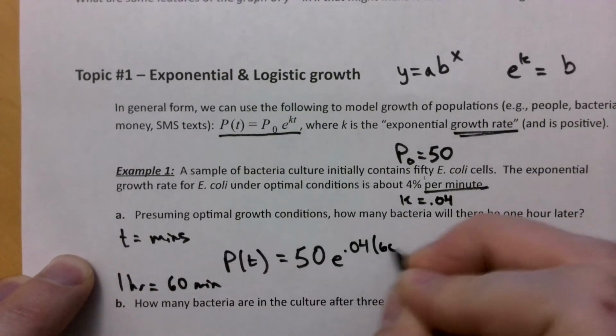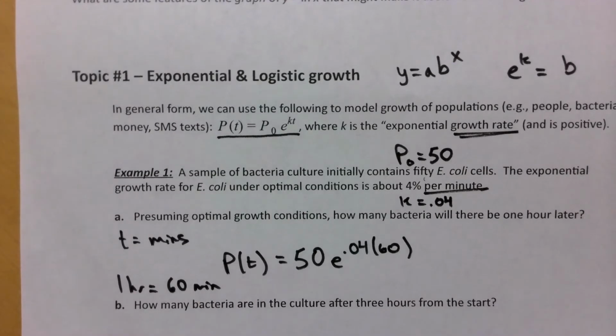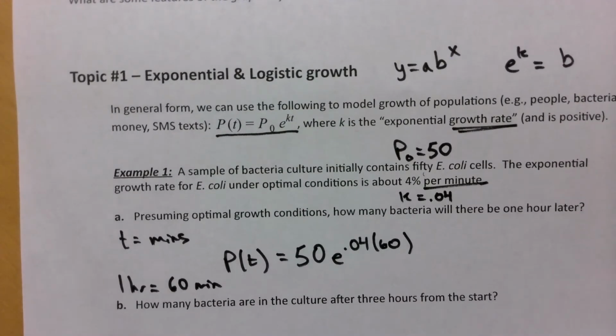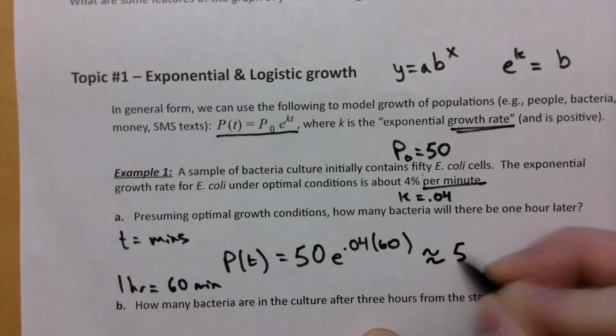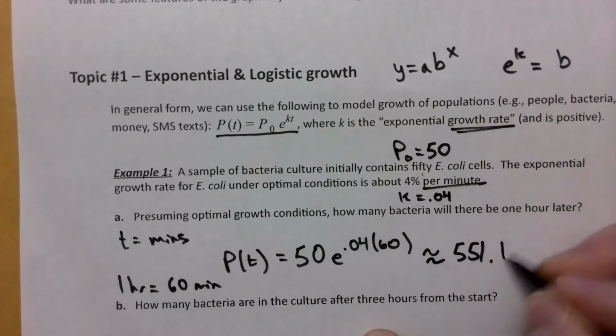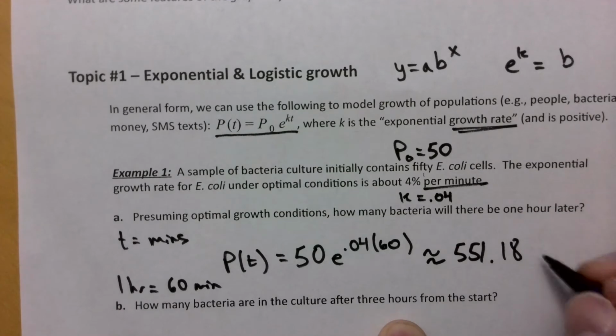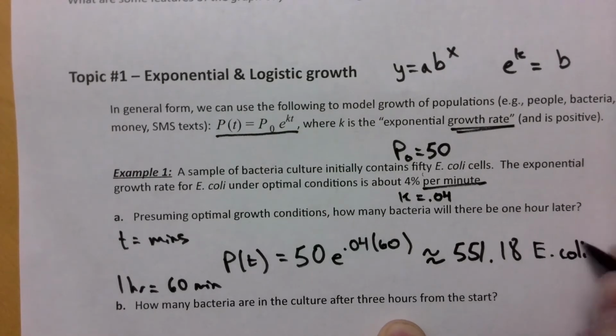So we would put in a 60 here and then evaluate that. Whatever that comes out to be is the population value at this point. I'm just going to smash this in my calculator so I don't have to switch screens. I'm getting this to be approximately 551.18 E. coli cells.